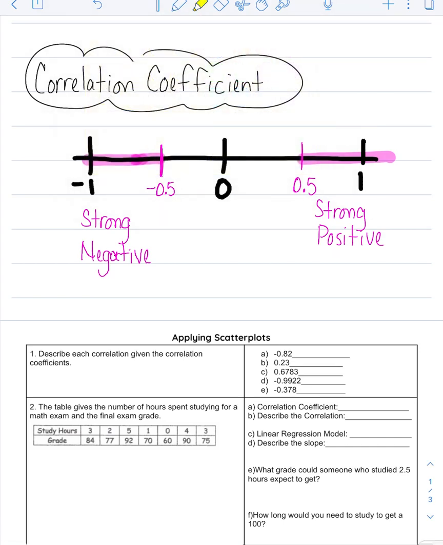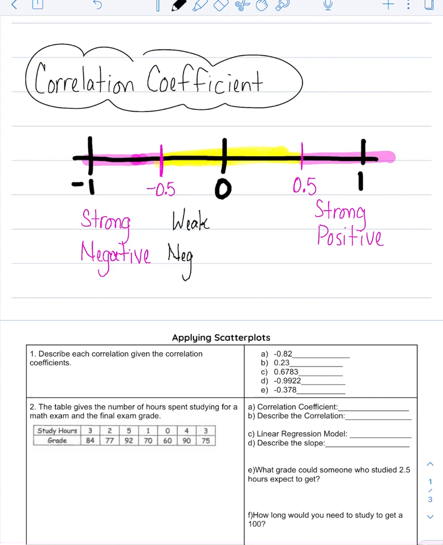I'm actually going to use yellow here. If it's between -0.5 and 0.5, like -0.4, those are said to have weak correlations or weak relationships. So if it's on the negative side, you would say that's a weak negative relationship.